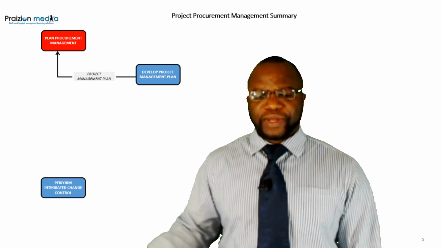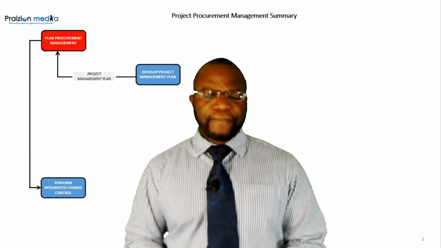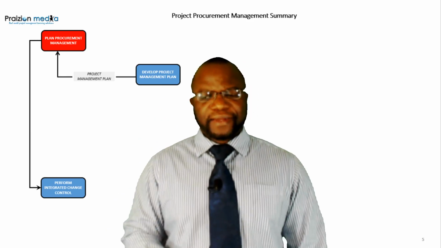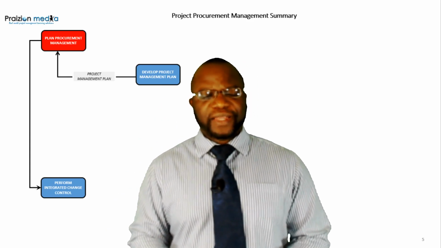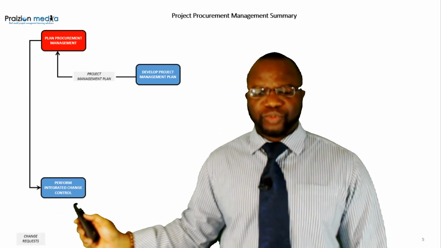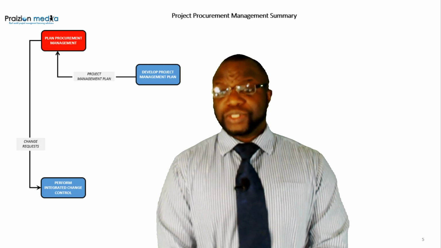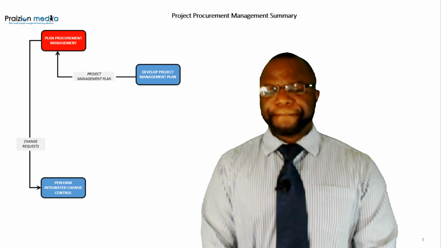But there's also another feedback loop from down here, from perform integrated change control. We have a line, as you can see, conveying that change request. That change request is going to go into perform integrated change control. So that unique relationship is called out.